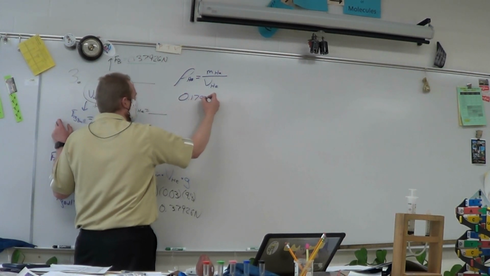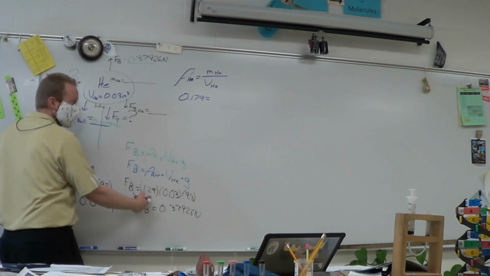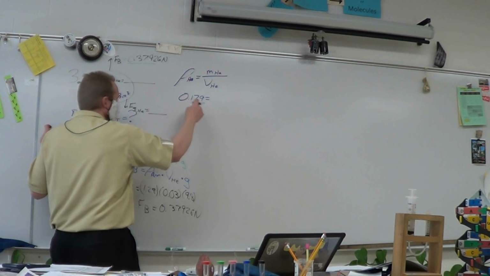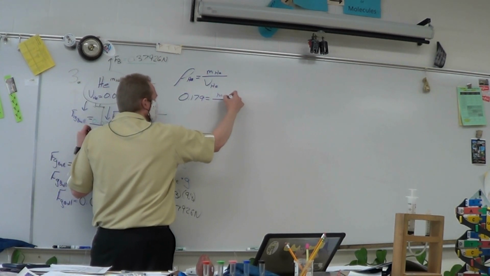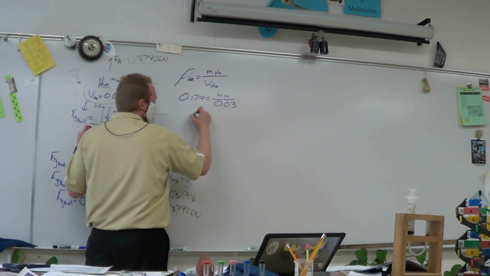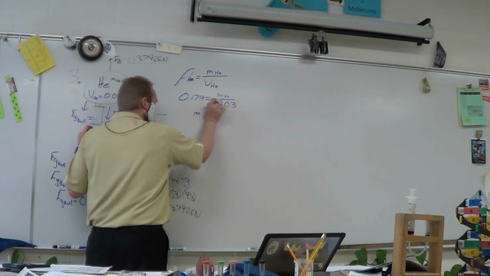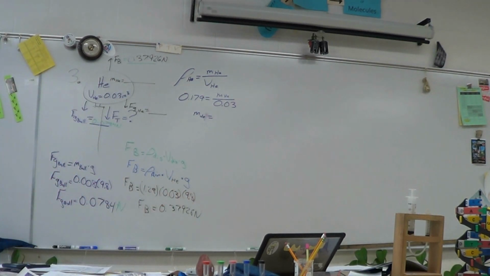And the density of helium is 0.179, which is considerably less than air, which is 1.29. It's given in the problem, just for the record at the very end. Density is the mass of helium divided by the volume of helium, which is 0.03, which then we can use to calculate the mass of that helium.